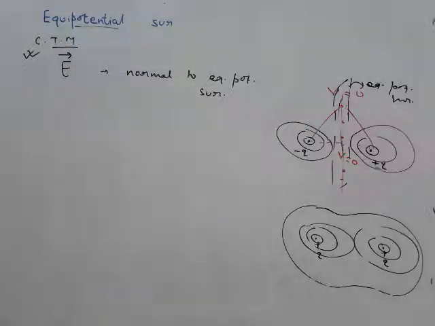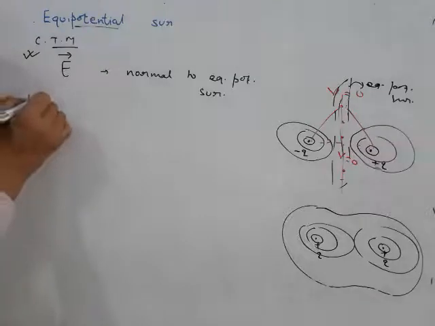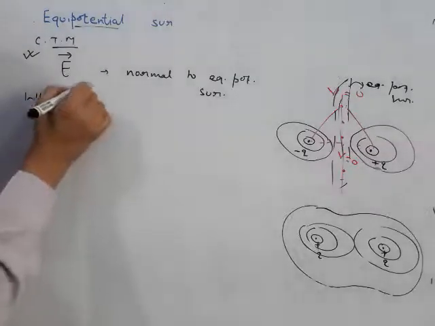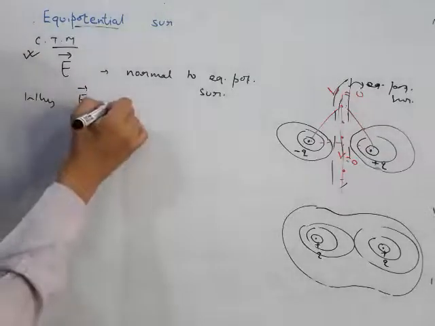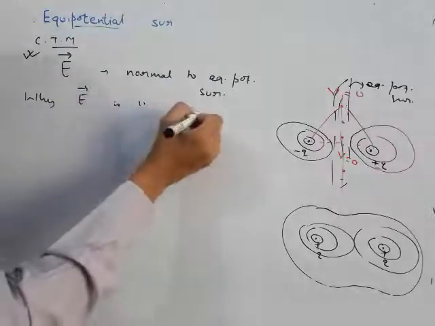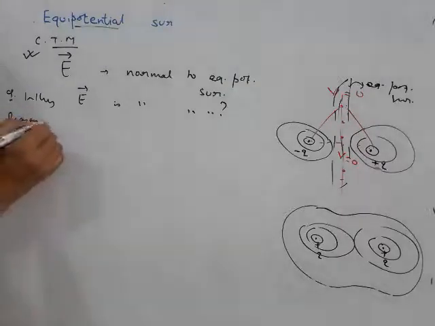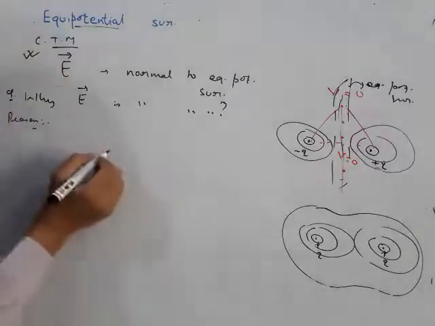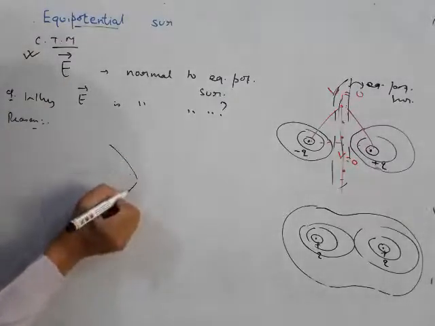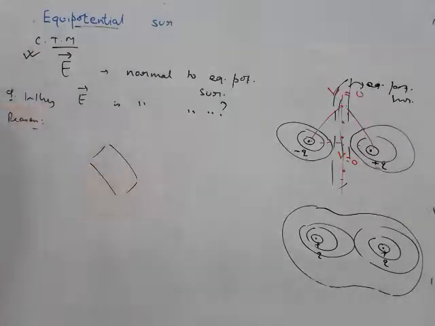We will come to those properties of equipotential surface afterwards, but if this question is asked, why is electric field always normal to equipotential surface, what answer should you write? See, this can be answered on the basis of contradiction. Suppose there is some equipotential surface like so.